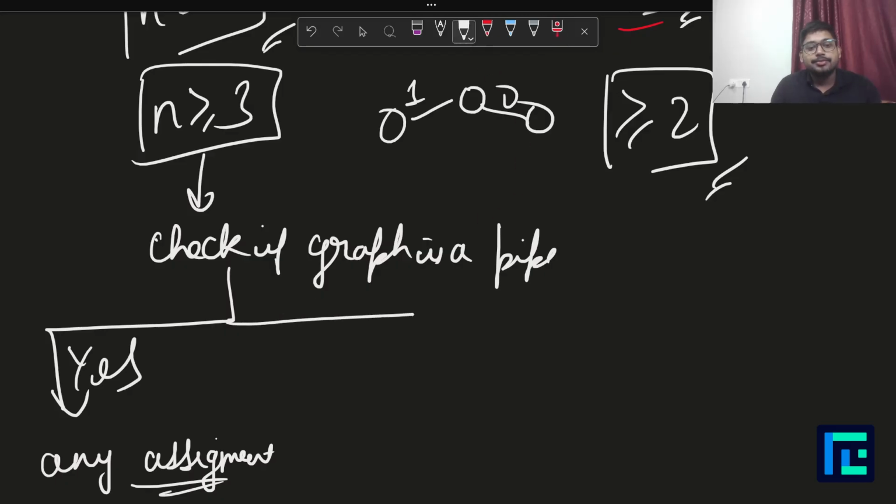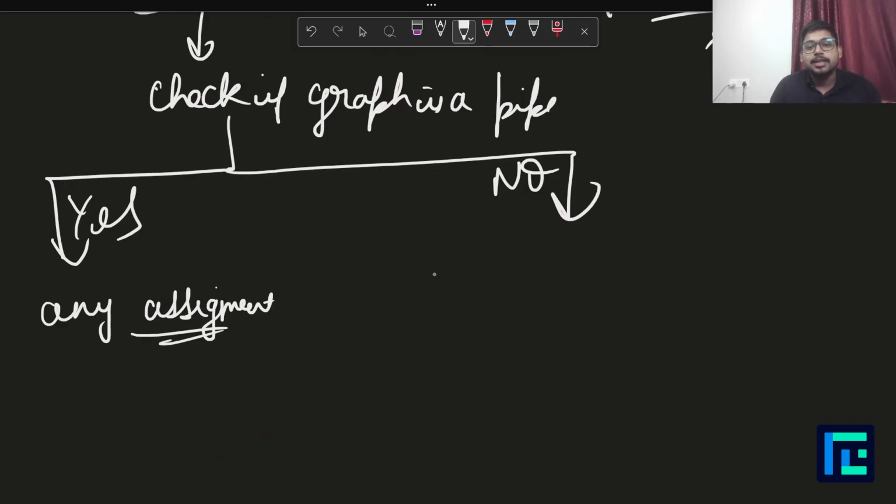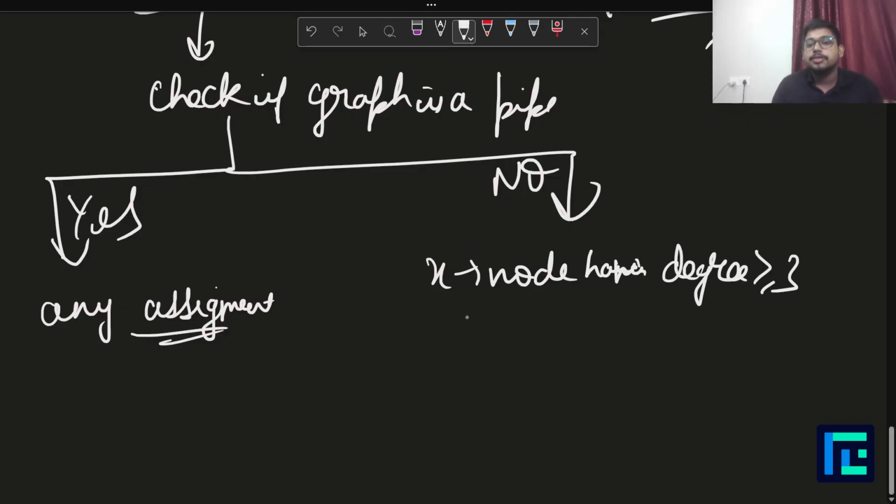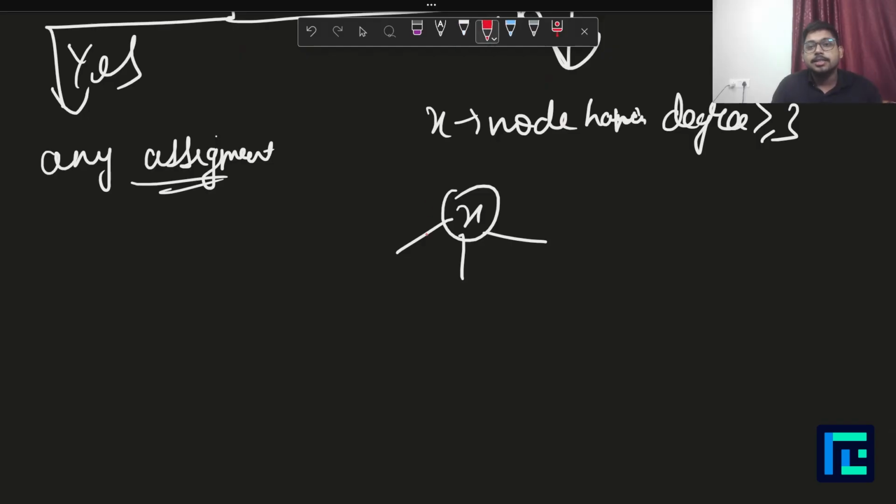But if it is not a pipe, then let's say x is a node having degree greater than or equal to 3. Then whatever node x is there, the 3 different edges adjacent to node x, assign them 0, 1 and 2.